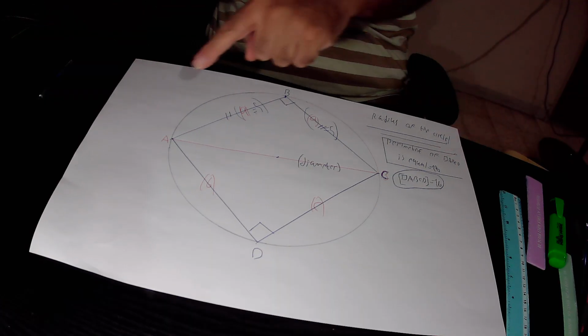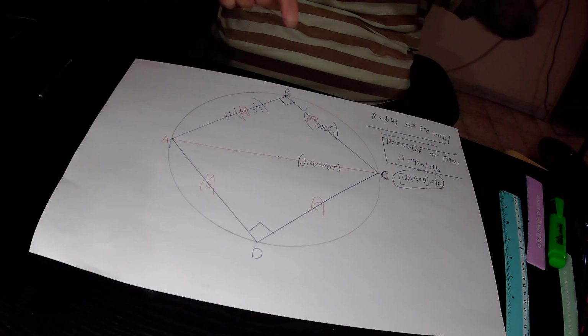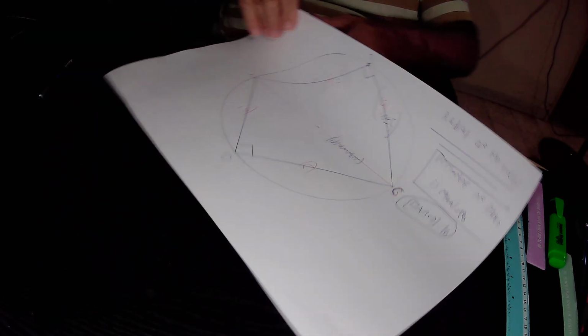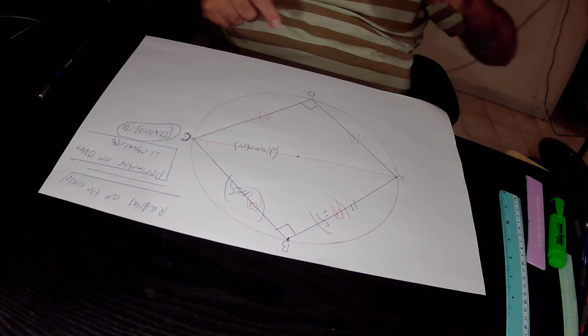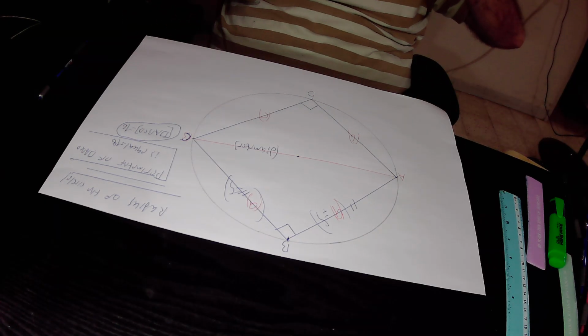This is angle ABC that subtends AC, that is the diameter of the circle, therefore it must be equal to 90 degrees in its size according to rule 7. Likewise, this is angle ADC that subtends the same diameter AC, and therefore it must be equal to 90 degrees in its size.